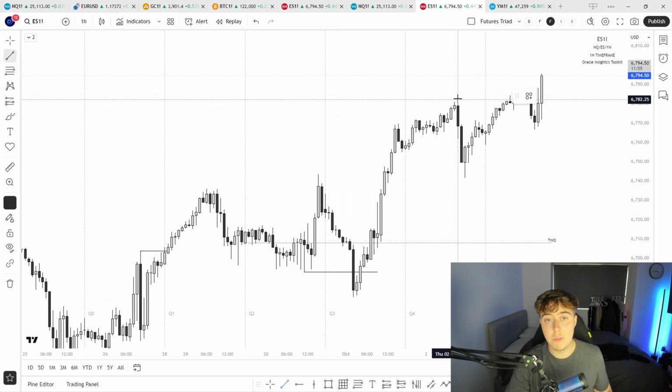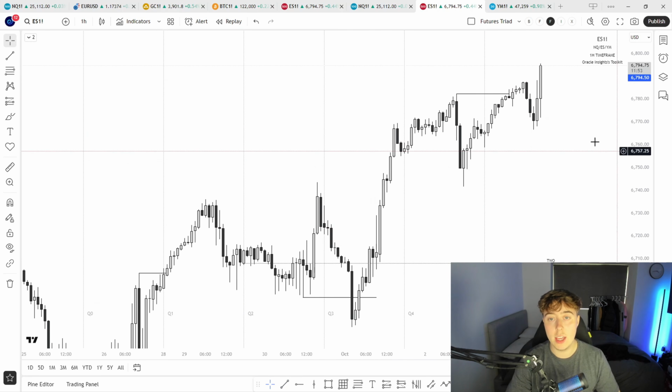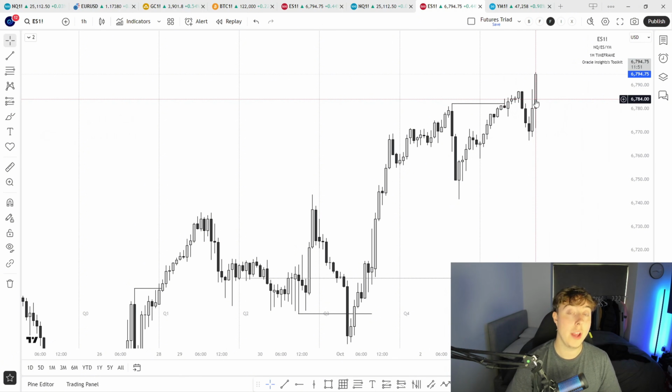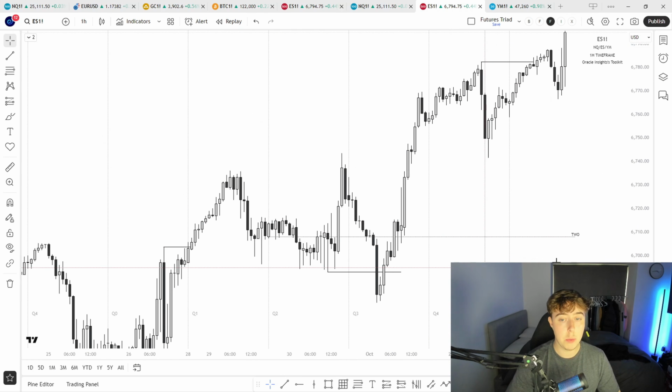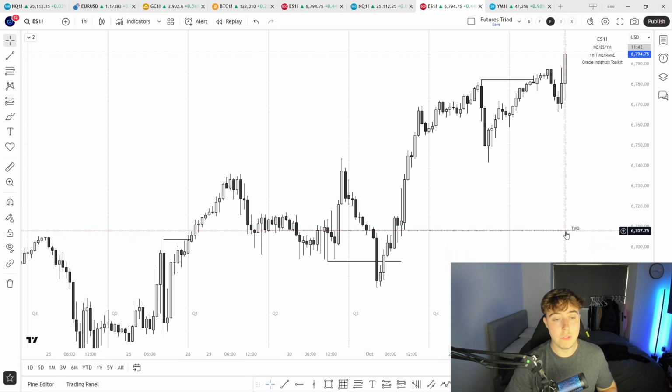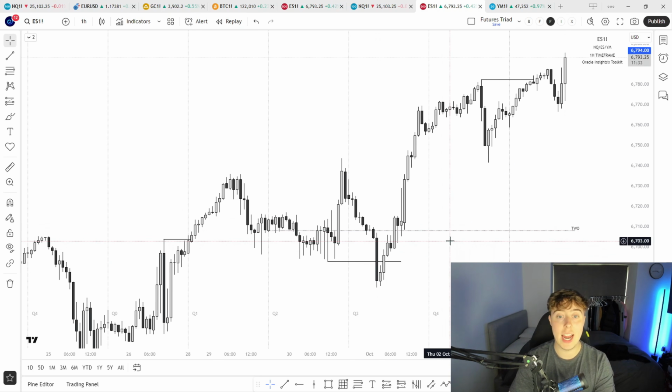Price has broken above the previous day high, as you can see right there. So we are in for that continuation day today, this Friday. Here's a great example of how you would utilize the true opens for the weekly cycle. And this is obviously fractal, so the same concept applies to every single cycle. Basically it just adds that extra layer of confirmation.